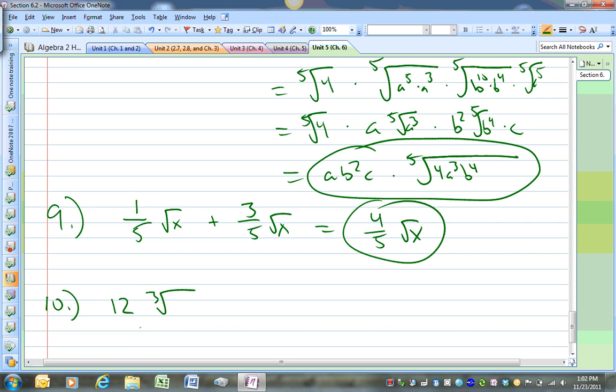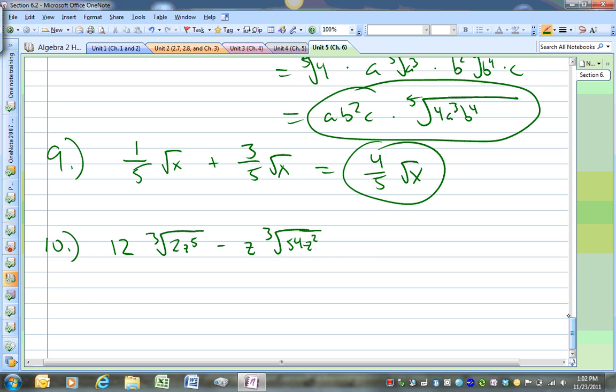Let's say we have something like this here. 12 times the cube root of 2z to the 5th minus z times the cube root of 54z squared. Well, looking at the first radical, you have a cube root of 2z to the 5th. 3 goes into 5 once, so you pull z out.